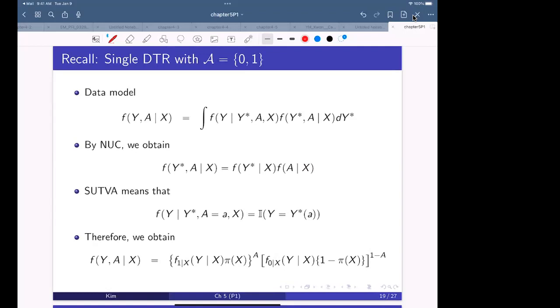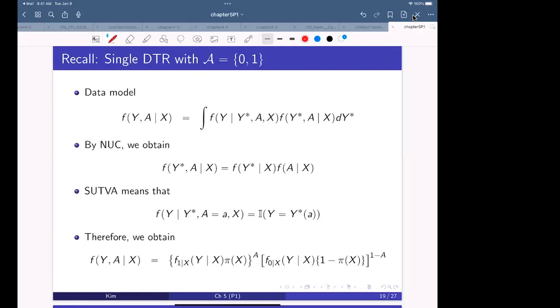So basically, see this Y star is a potential outcome, so that is latent, right? You need to do this kind of marginalization of the density. But using the assumptions that you have, you can use conditional independence and the Schutba assumption. Using the Schutba assumption, you can express the density of Y given Y star and A as just a point mass jump, right?